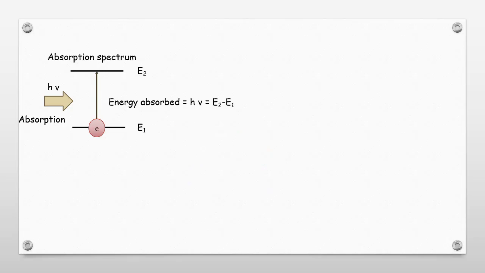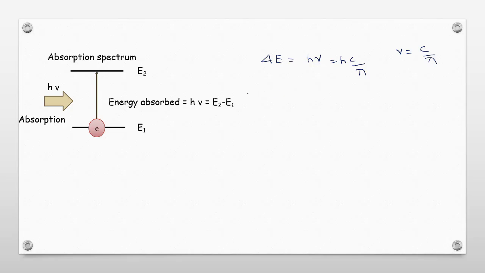So when a molecule is exposed to a source of energy, some of the molecules gain energy and get excited from the ground state to the excited state, and the energy absorbed will be equal to delta E, which is equal to h nu, and since nu is equal to c by lambda, this is equal to hc by lambda.